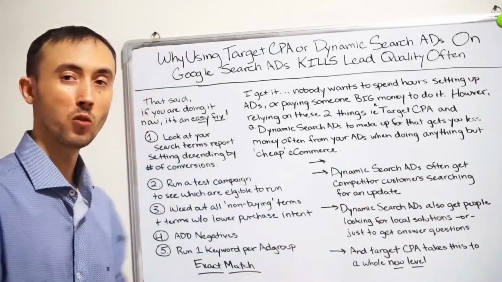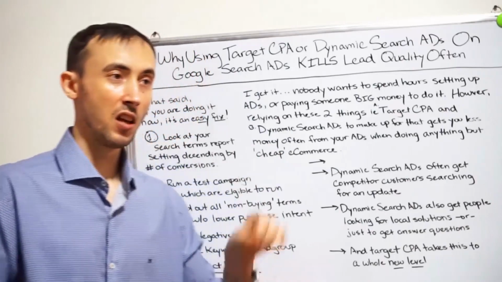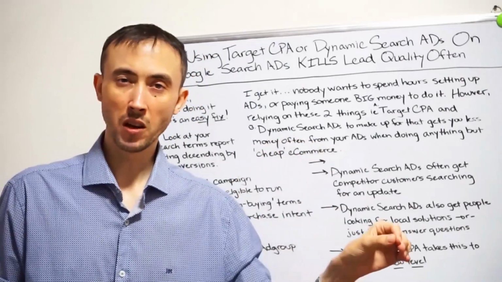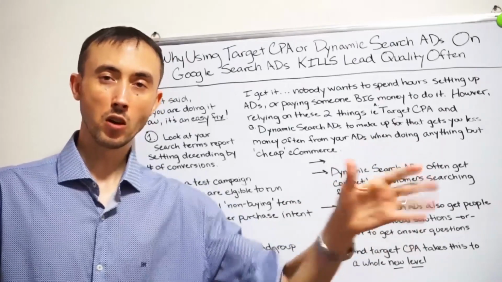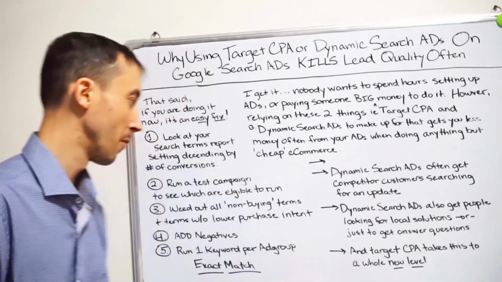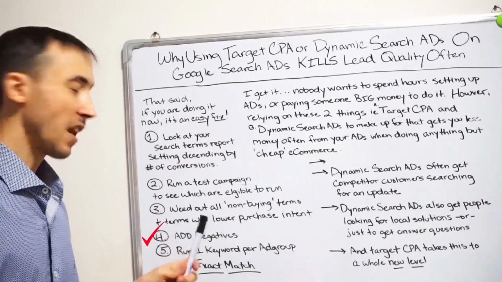For a service, it could be prices, cost. Those would be ones right directly above what I would call the buying terms, where they're looking to buy right now, and those usually also work pretty well. So if you wanted to go one step further and be a little bit more aggressive starting out, go after those as well, okay? Anyway, you get the idea.